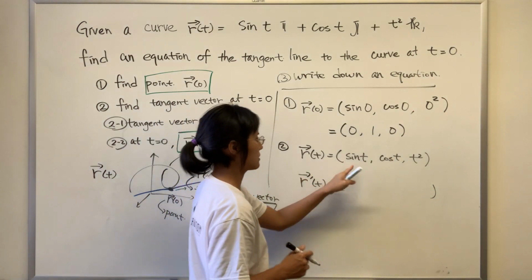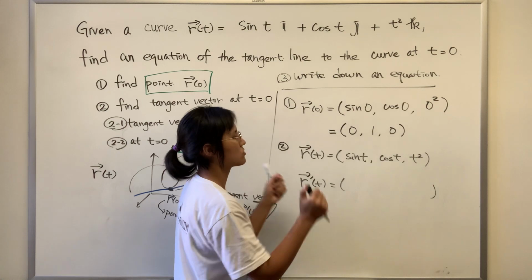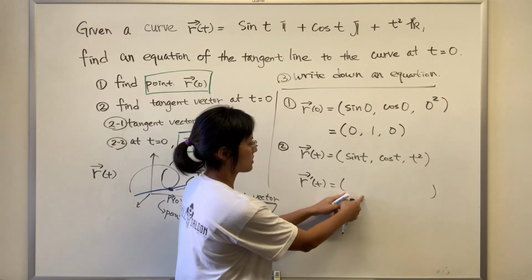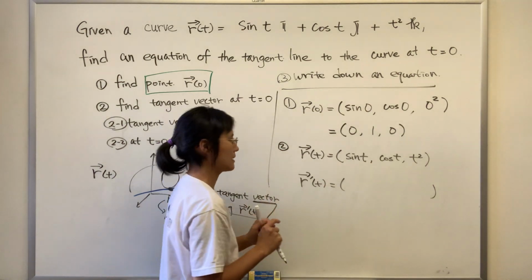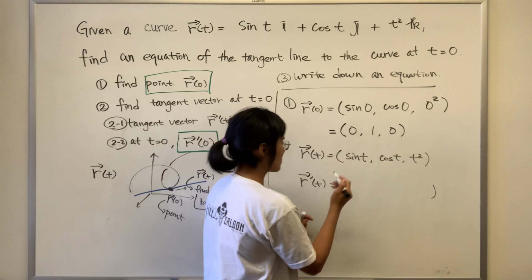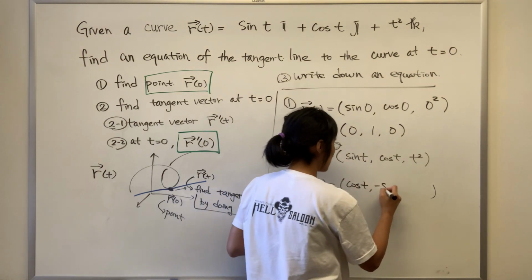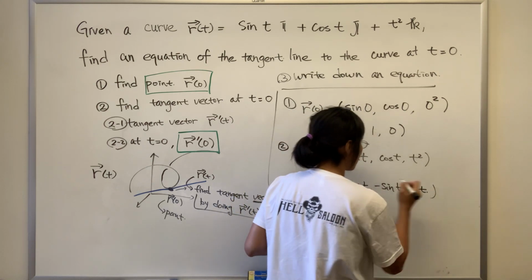This is very important. You don't want to look it up every time. That's just not enough. So the derivative of sine is cosine, the derivative of cosine is minus sine, and the derivative of t squared is 2t.